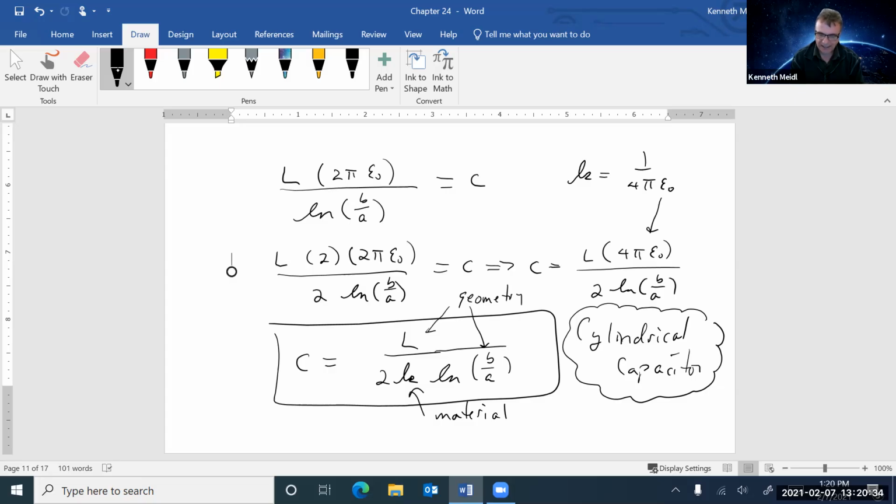And one of those things is, well, what if we change the material between the plates, instead of just having vacuum between the plates? I would think most capacitors built have material between the plates. And so it'll be an easy thing for us to change once we understand the physics of what's taking place there.